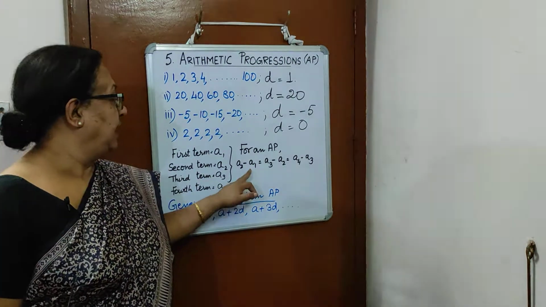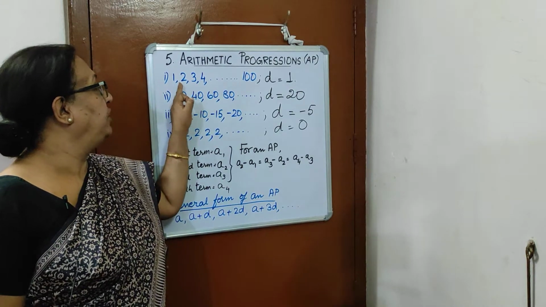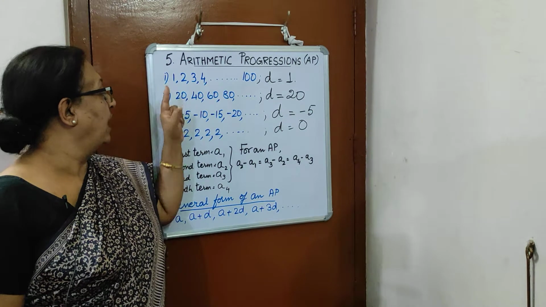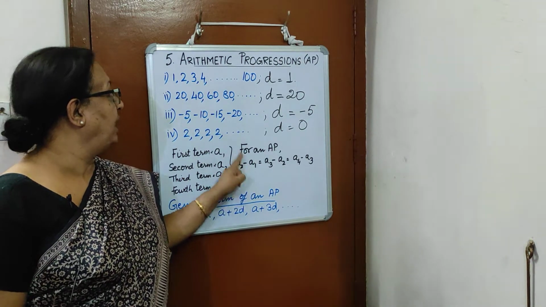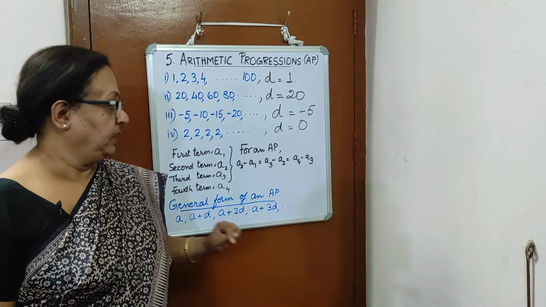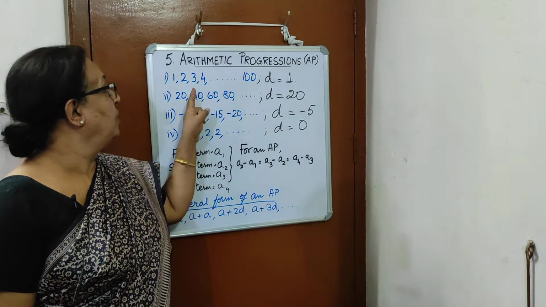Let's check it. Again, let's come to the first example. What is A2 here? A2 is 2. And what is A1? A1 is 1. So what's A2 minus A1? 2 minus 1, that is 1. Now let's come to the next one, A3 minus A2. What is A3?